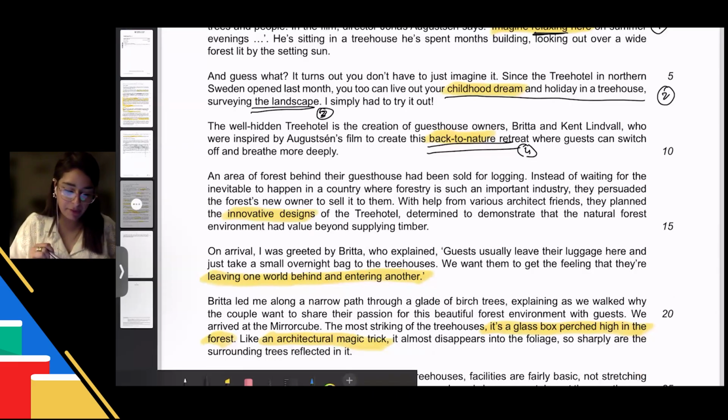An area of forest behind their treehouse had been sold for logging instead of waiting for the inevitable to happen in a country where forestry is such an important industry. Not necessary. They persuaded the forest's new owner to sell it to them. With help from various architect friends, they planned the innovative designs of the tree hotel. So, this is something that people could want to experience, the innovative design.